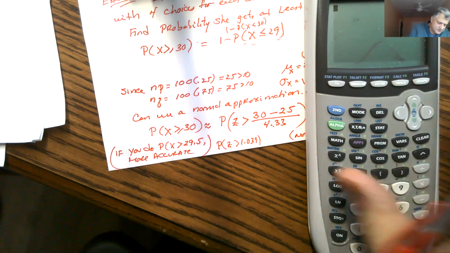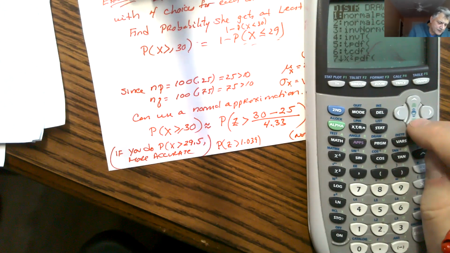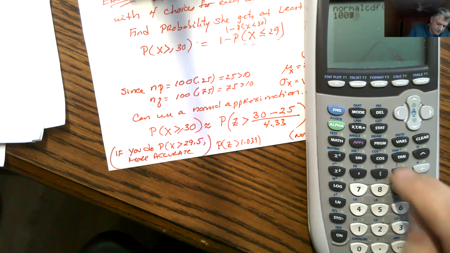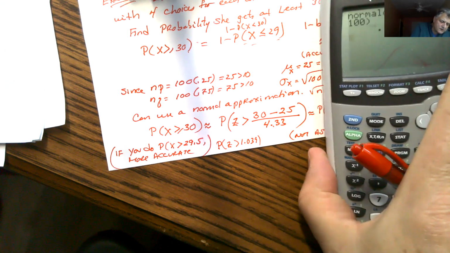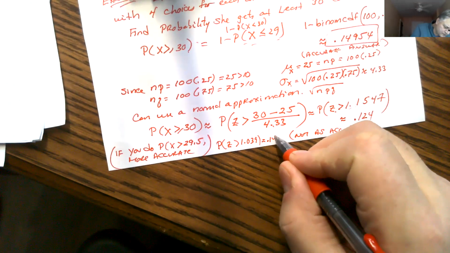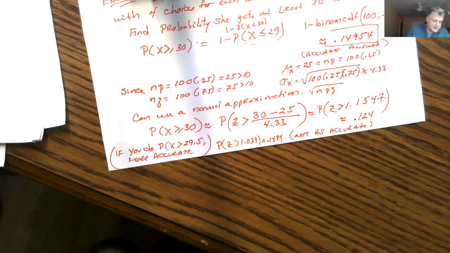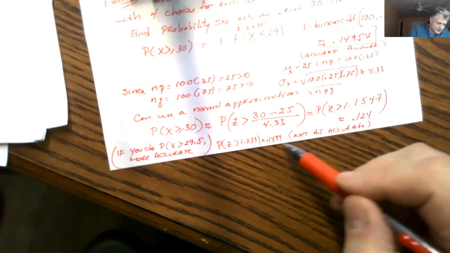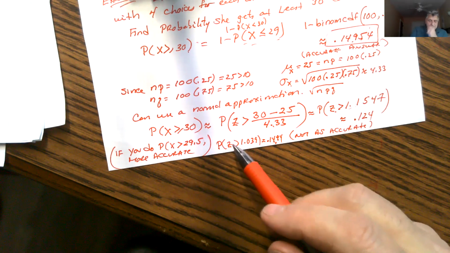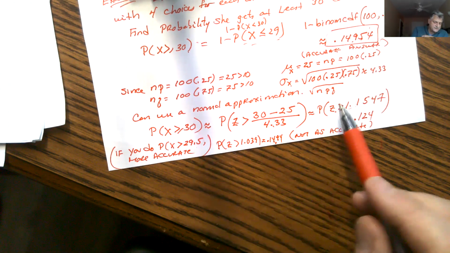And that gives me 0.1494. See? So this is actually much more accurate. And I mean, you are allowed to do this on the AP exam, but if you just do it like this, that's fine.